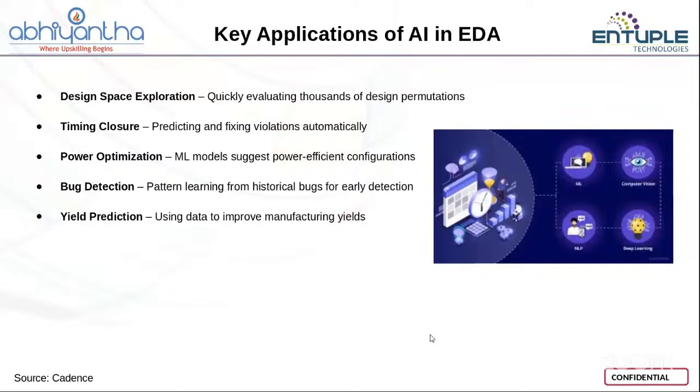As I mentioned, design space exploration: how quickly we are evaluating solutions for the given problem, and how many steps there are. Because while we are integrating an IC with millions of transistors, time is a very important thing.